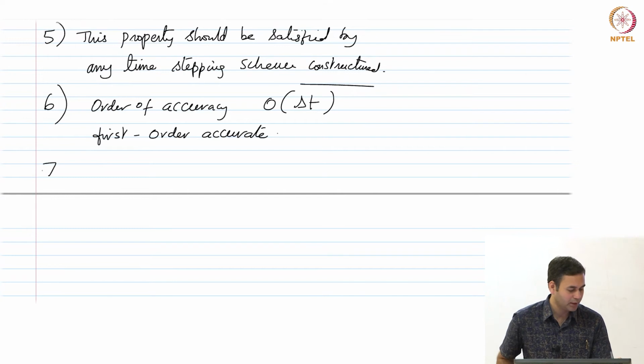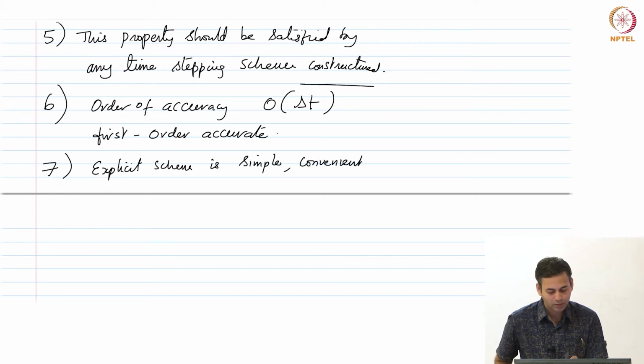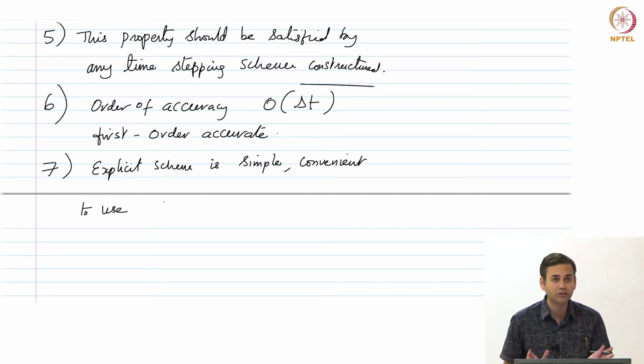So, this method, the explicit scheme, is simple, right, and it is very convenient to use. That is why explicit schemes are used in most of the computations.